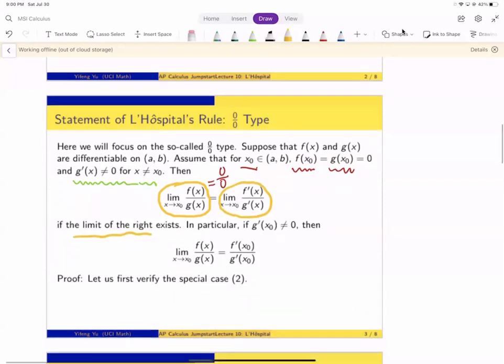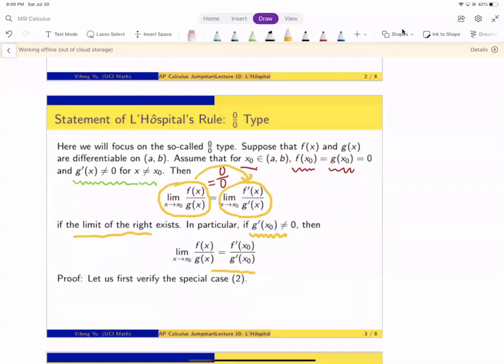In particular, if we further have that the derivative of g at the point x0 is not equal to 0, then we just have a quick answer. The limit is the quotient between their derivatives at the point x0. So this is L'Hopital's rule. It has transformed the limit of the quotient to the limit of the quotient of their derivatives.